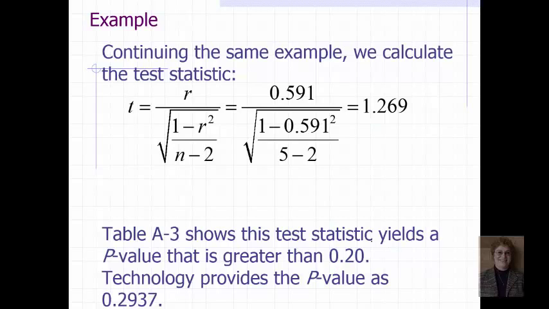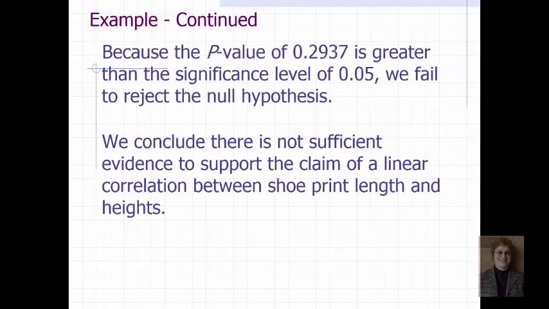We can calculate a p-value of around 0.2 from our table, but technology says it's 0.2937, not less than 0.05, so we fail to reject our null hypothesis, and there's not enough evidence to support the claim of a linear correlation between the shoe print length and the height.